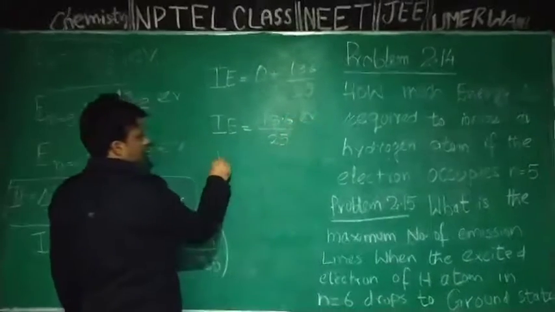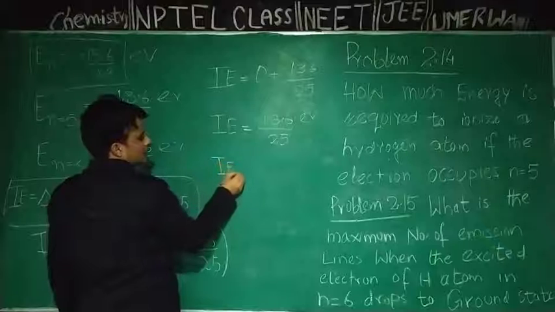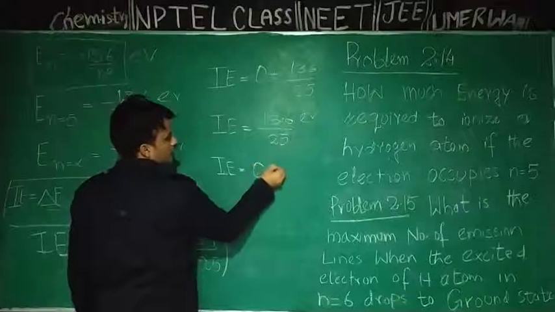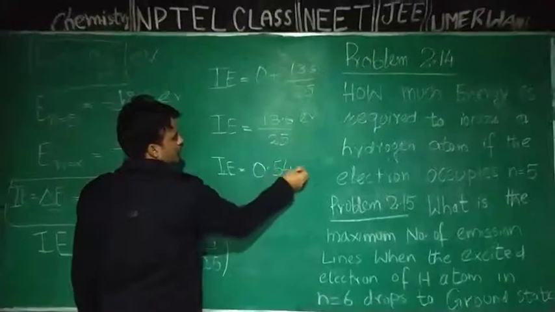The ionization energy comes equal to 0.54 electron volt.